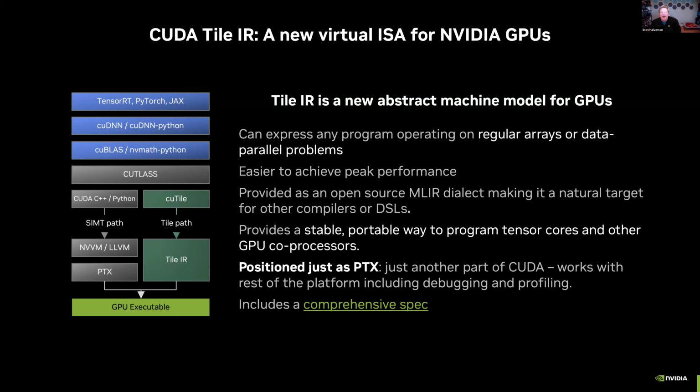And as a result of this instruction set being a virtual instruction set that works across generations of NVIDIA GPUs, it's easier to achieve peak performance, in part because what's going on under the hood is the system is making decisions based on that hardware, whereas you might not always do that in CUDA, right?